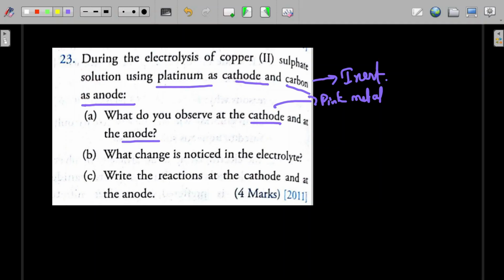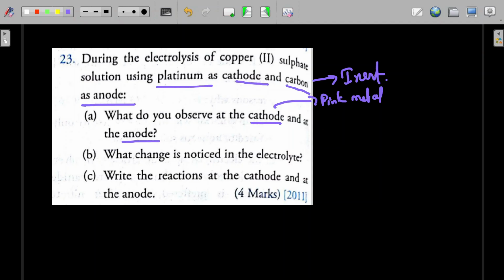Dhruva, who is that unmuted? Please mute yourself. Anode, what will happen here? Tell me, Rohani. What will be released at the anode when you take an inert electrode? When we take an inert electrode, OH minus ions are discharged. Product.